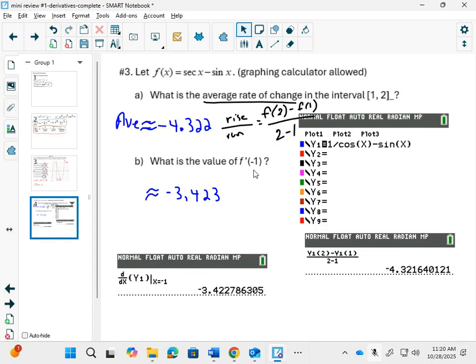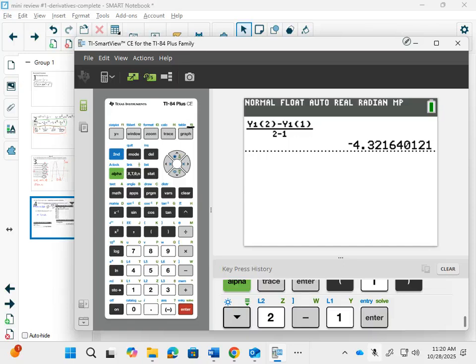What is the value of f prime at negative 1? Do we know any shortcuts yet for secant and sine? No. But if it was a calculator question, your calculator can find the derivative at specific points easily. How do we do that? Again, I've got my equation into my calculator.